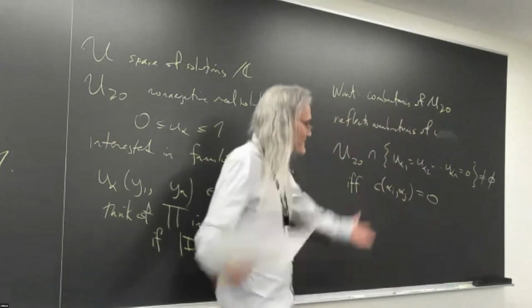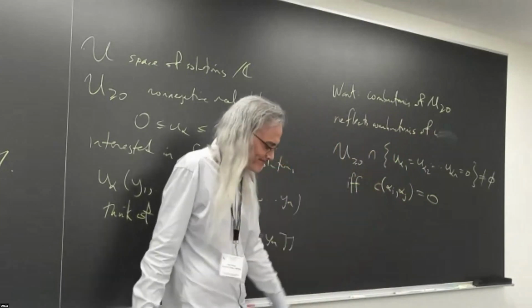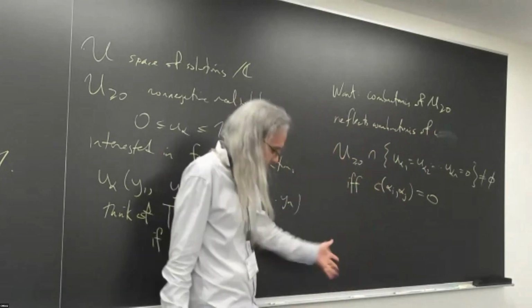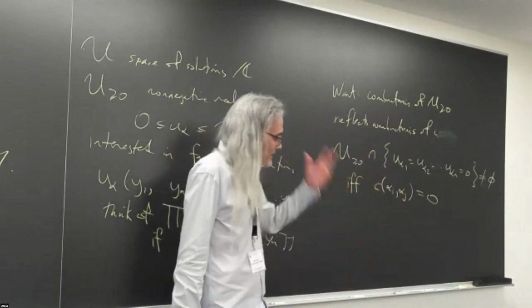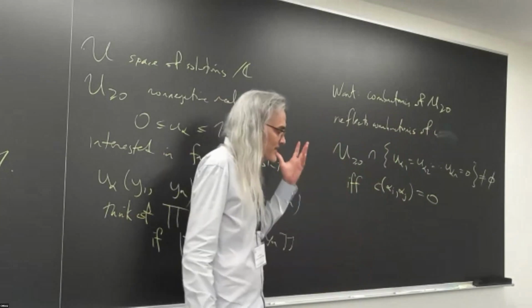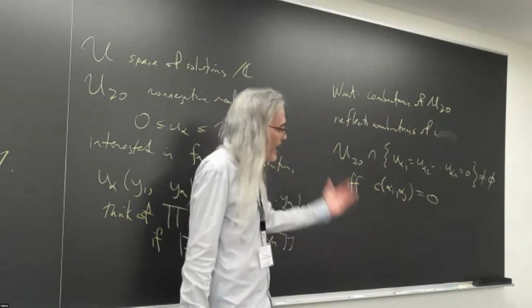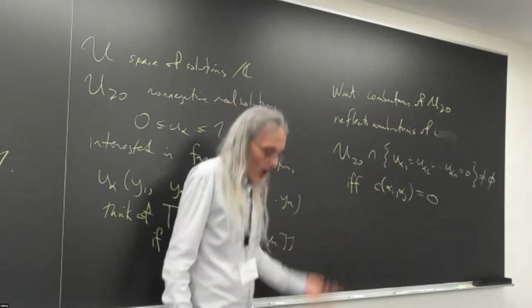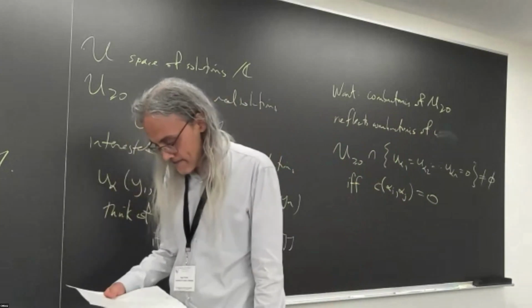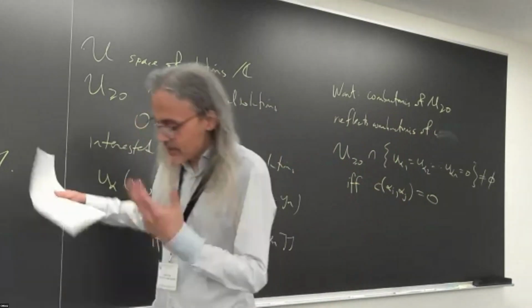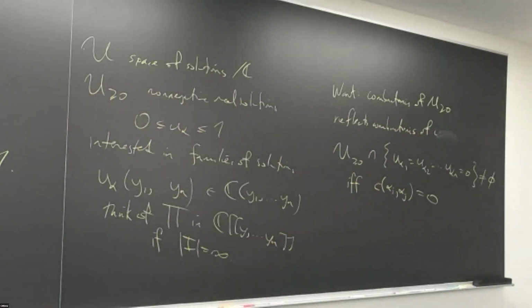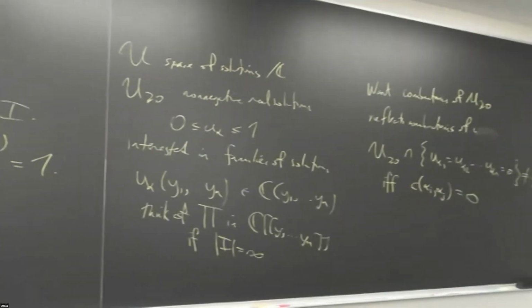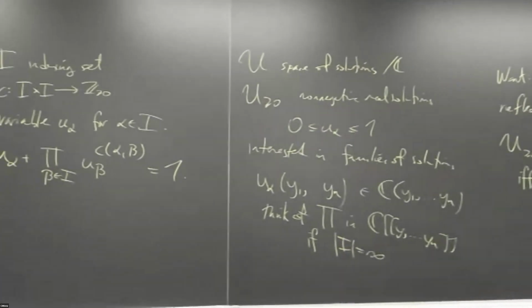Okay, this may not speak to you, but I'm going to talk about a bunch of examples where this kind of thing is going on, and hopefully some of those examples will feel a little more concrete.